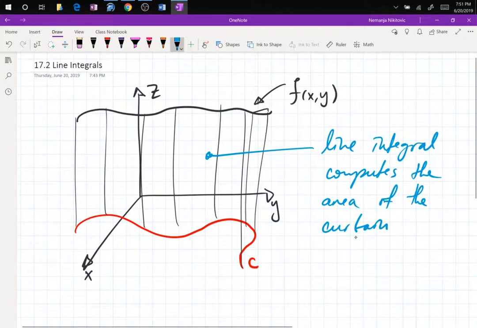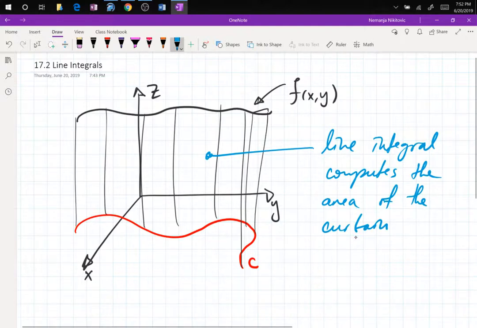But now you are calculating the area of something that is not flat anymore, and that is the advantage. So think of the shower curtain or a curtain on a window, and understand that it bends around, and the bottom of the curtain, whatever function it draws on the floor, is this curve C, because you will be integrating on top of C.